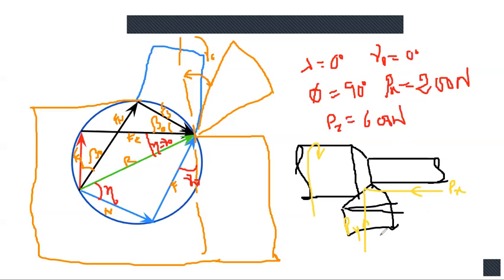This resultant force is Pxy, which in our notation is called Ft, that means thrust force.